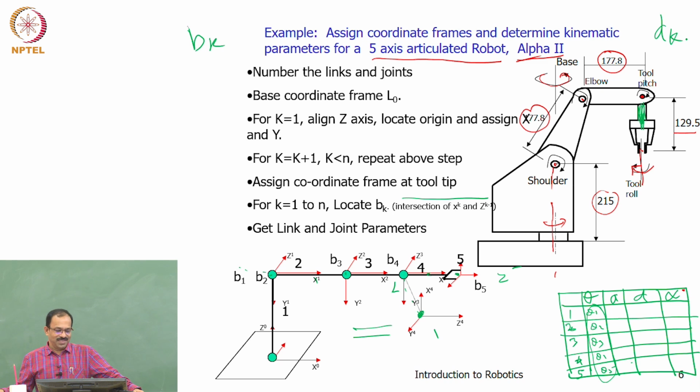Can you check? So basically this is L0. The distance from L0 to B1 measured along Z0 is basically D1. So dk is measured as the distance from Lk minus 1 to Bk along Zk minus 1.